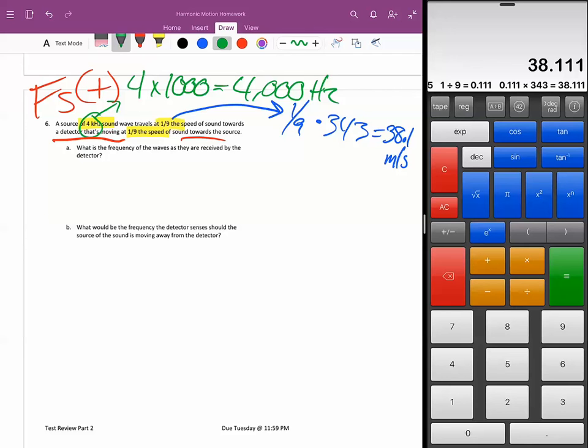Fs equals your source of 4,000 times parentheses 1 plus your speed of 38.1 meters a second over your speed of sound, which is the same.